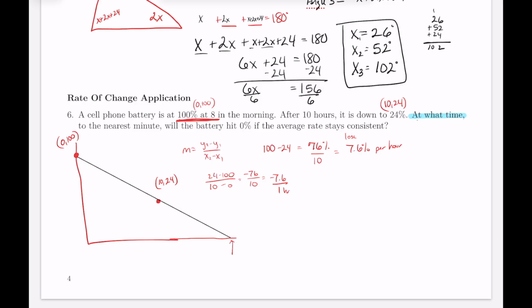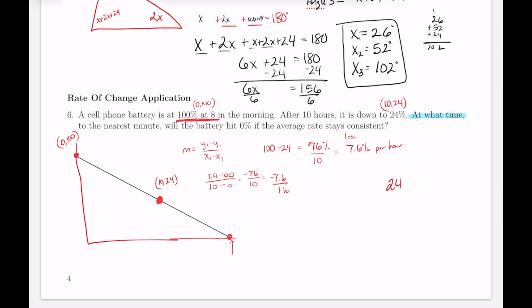Just like with all these problems, there's several different ways that you could do this. One would be to say, hey, after 10 hours, I'm already at 24%. How many more hours to get down to 0% if I'm losing 7.6% each hour?